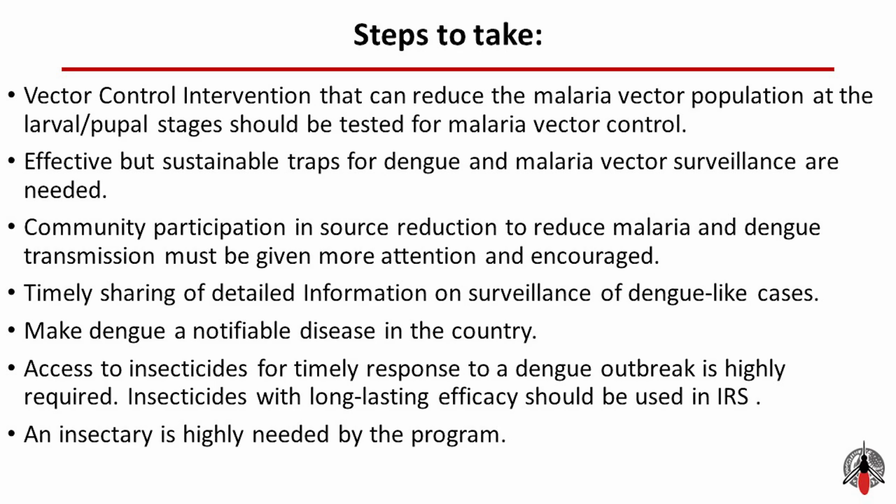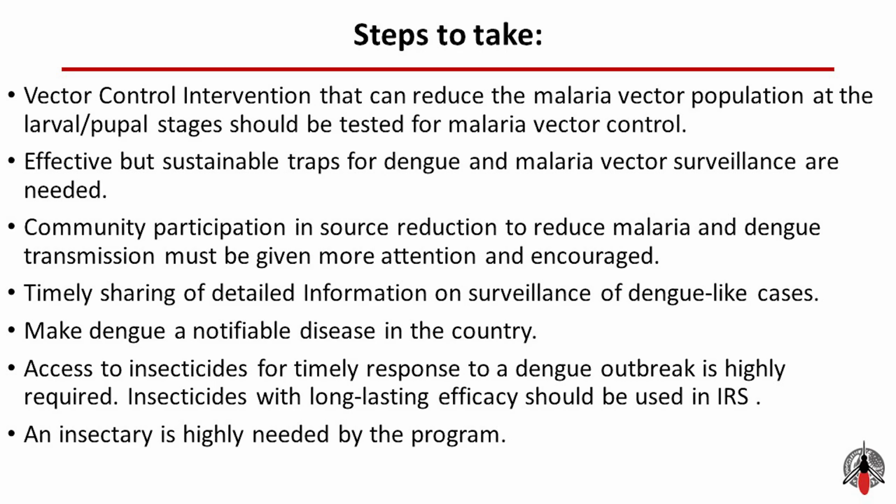And then for the IRS, in Solomon, when we ordered insecticides through our donor, our stakeholder, we requested long-lasting efficacy insecticides, the one whose effectiveness lasts for 6 to 9 months.